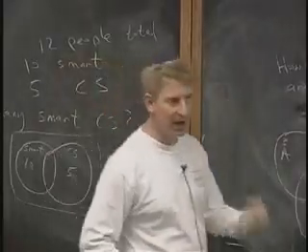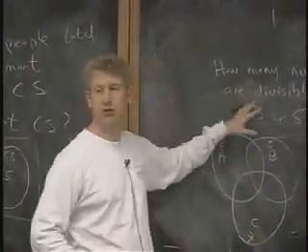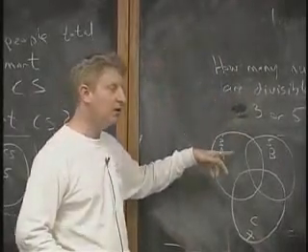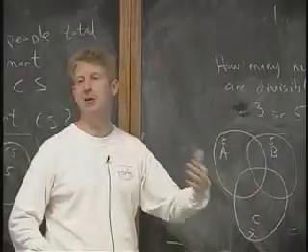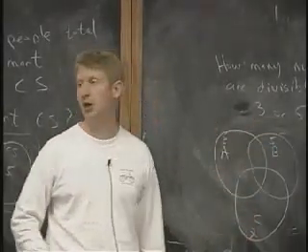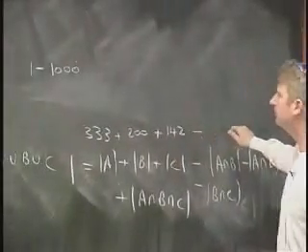Ands are easier to count than ors, almost always. So one of the things that the inclusion-exclusion theorem is showing you is when you have to do things by ors, look for a way of dividing it into pieces that are all made up out of ands. And that's just what the theorem does. So, what's 1,000 divided by 15? 66.